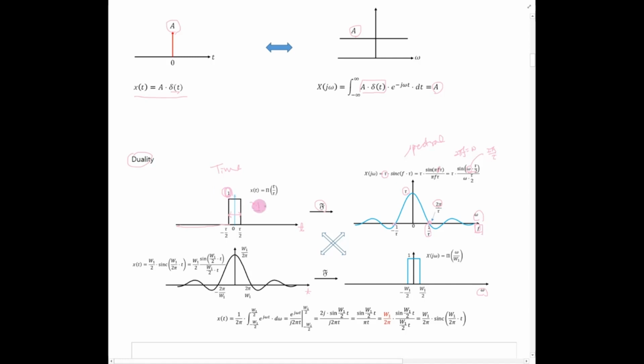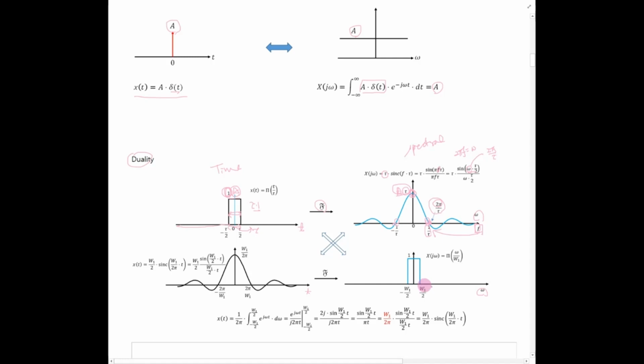Then the height is amplitude times time width, so τ is this peak point. And the first null is determined by this distance. The time distance is τ, then 1/τ is the frequency at which it goes to 0. The opposite side is symmetric. And if you multiply by 2π, then we can get the ω expression for that.